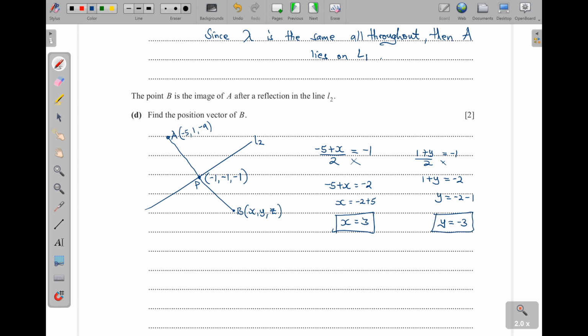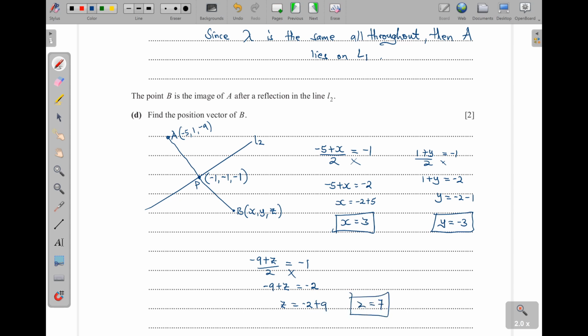Then next we go to the z value. That is -9 plus z, then we divide by 2. We shall also equate to -1, which is here. So making z the subject, we have -9 plus z equal to -2. So z is equal to -2 plus 9. So z is going to be 7.